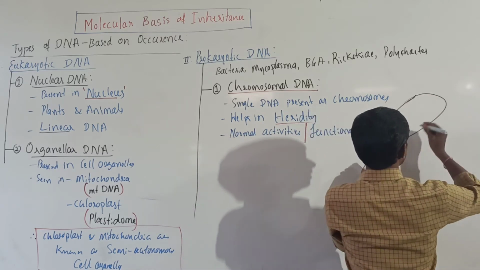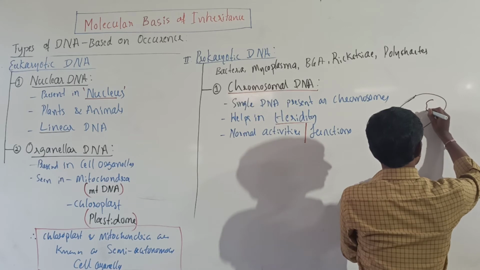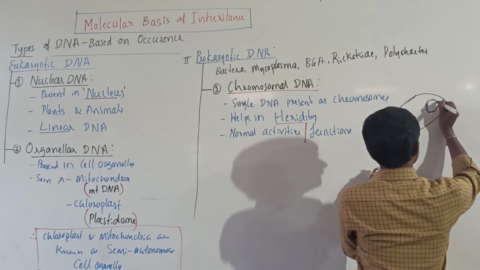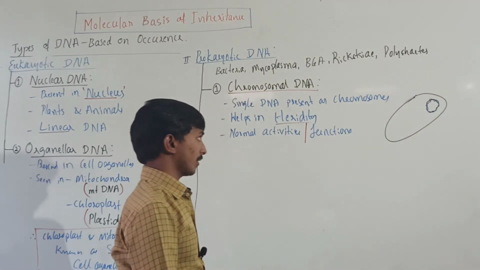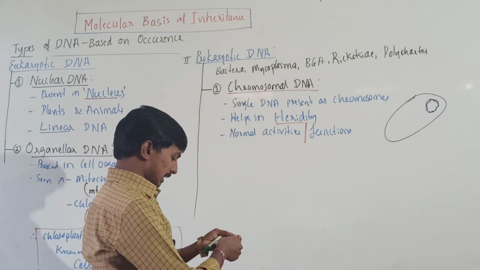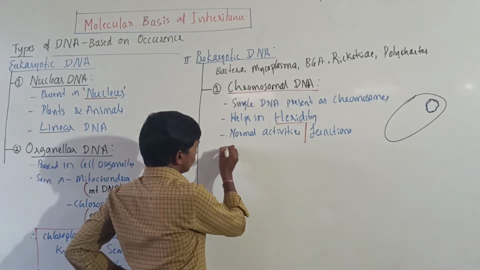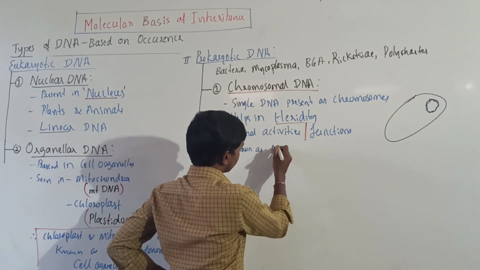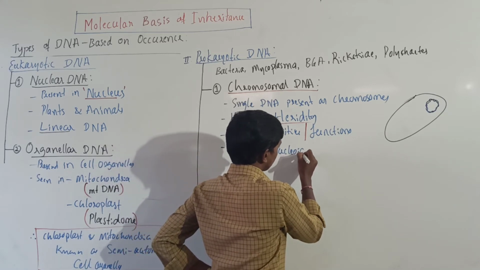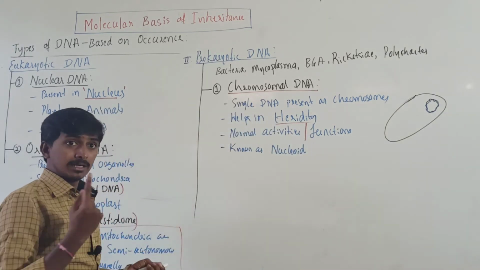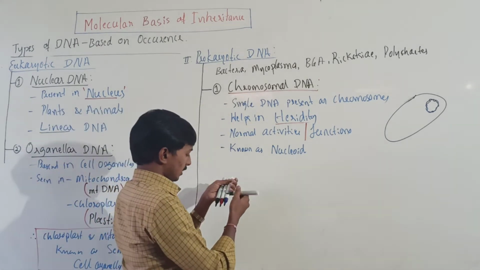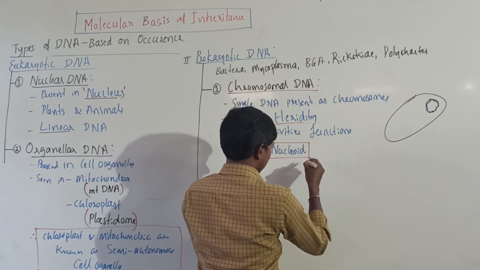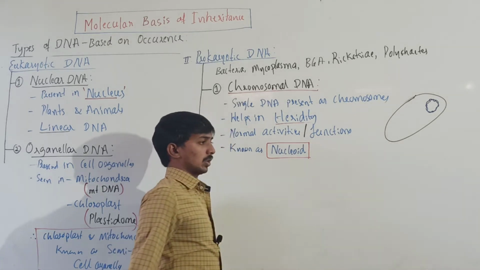Here we have a circular DNA, and this circular DNA is known as the nucleoid. Remember the word in prokaryotes. In bacteria, the chromosomal DNA is known as the nucleoid.